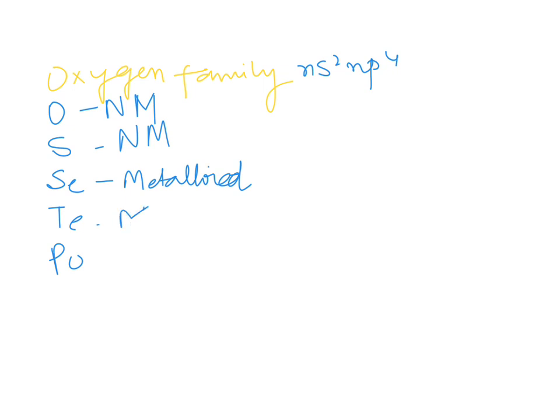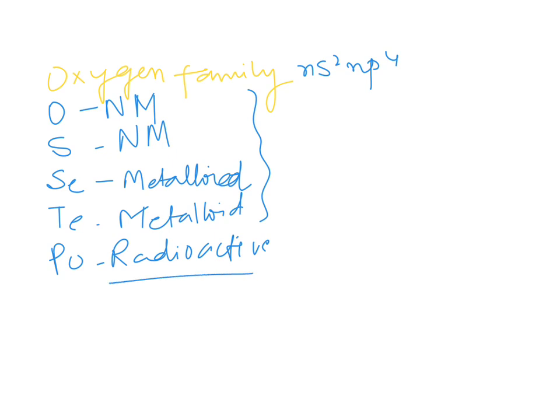Then tellurium is also a metalloid. Polonium is a poor metal, you can say, or it is a radioactive element. So generally we are concerned with the elements oxygen to tellurium, as polonium is a radioactive element. So the properties also we will study from oxygen to tellurium only.